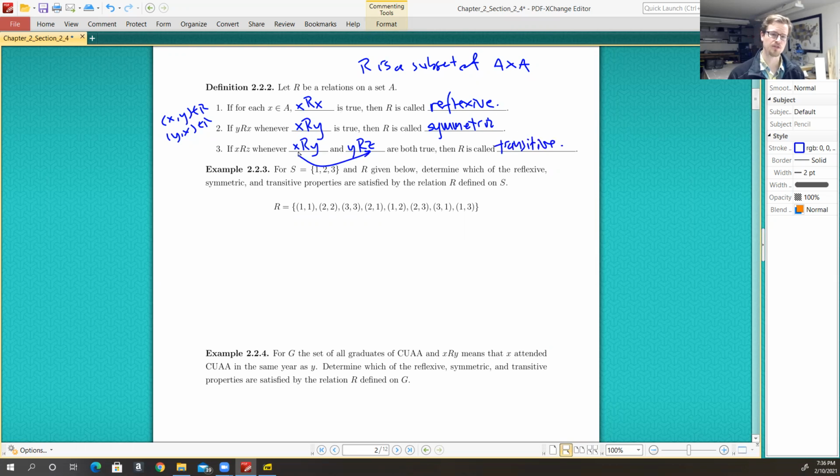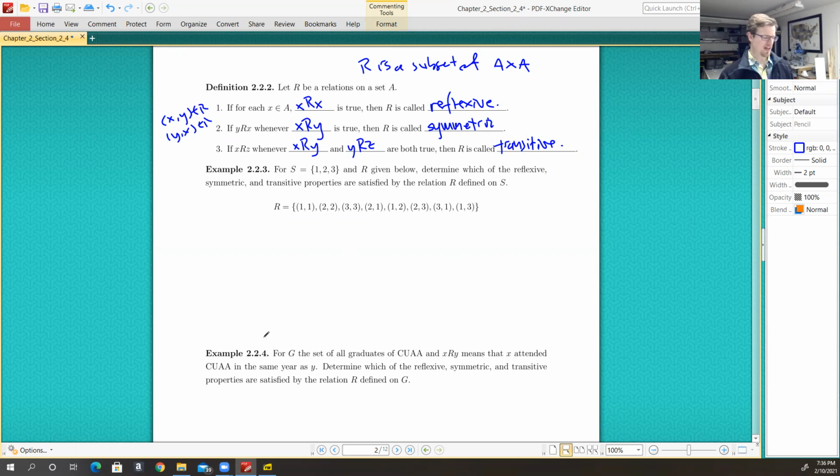If we can go from x to y, y to z, then we should be able to go directly from x to z. That's what we're looking at when we're talking about transitivity. So the reflexive property, symmetric property, transitive property. A relation can be reflexive, it can be symmetric, and it can be transitive. We'll talk about each of these properties.